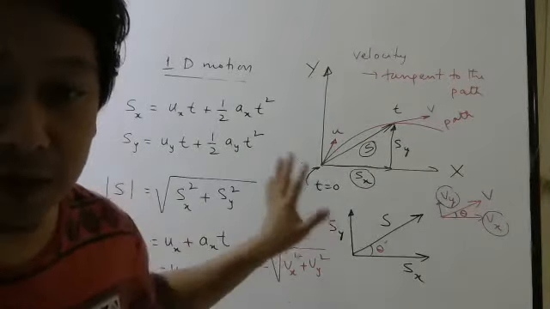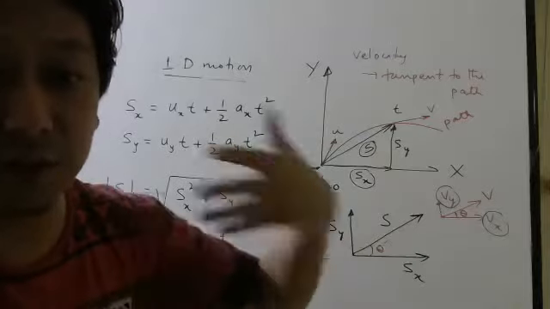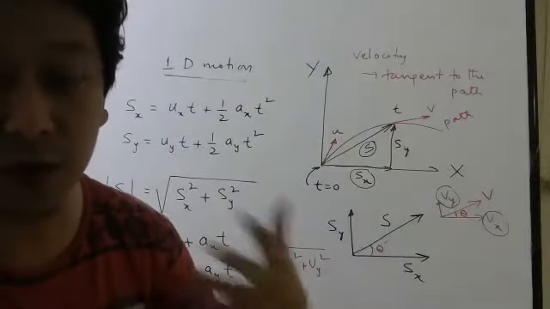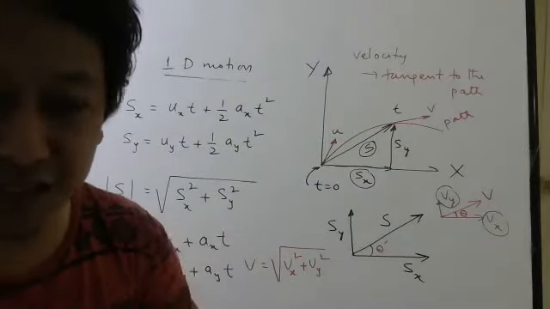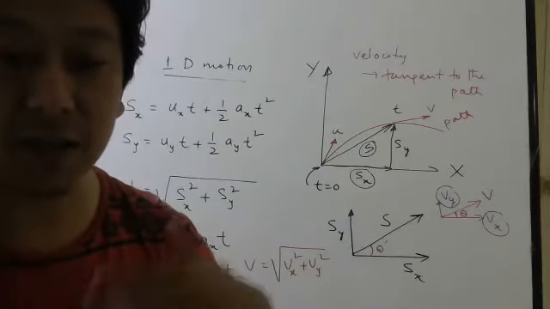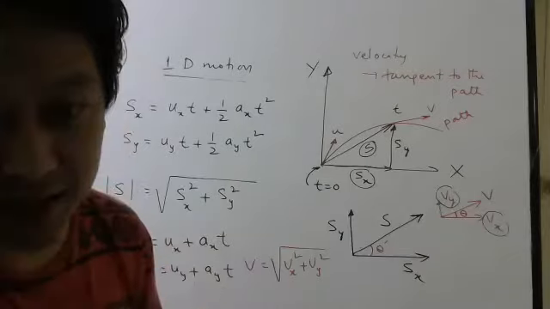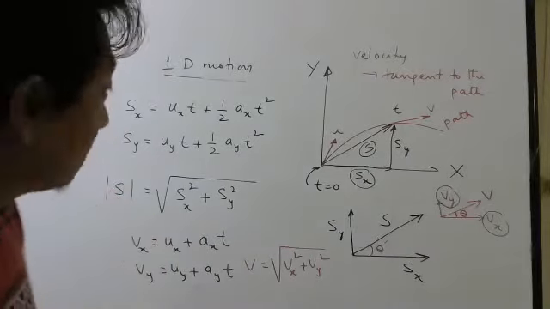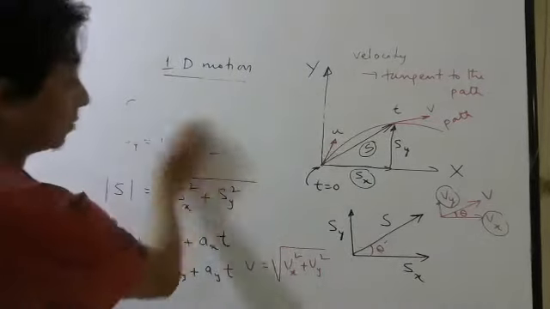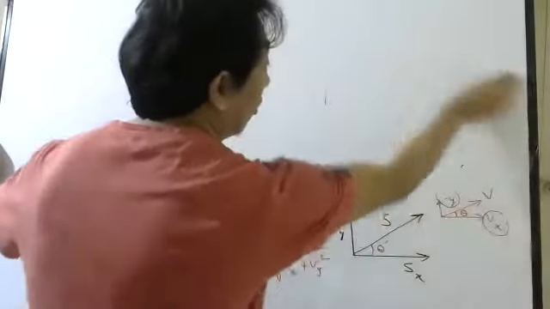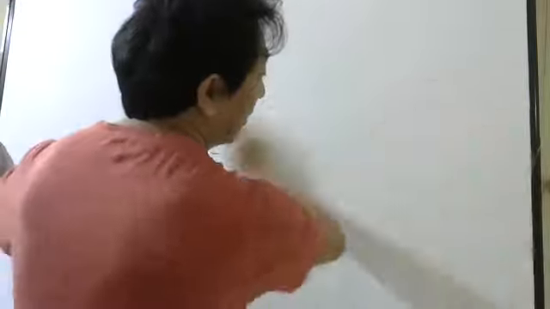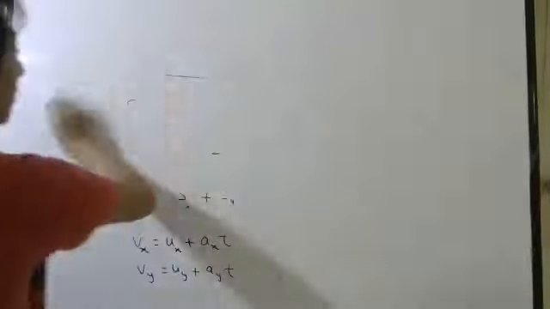So I hope everybody is clear with the technique of motion in 2D. What we are going to do in motion in 2D is basically just convert the equations of 1D into one along the x-axis, one along the y-axis. But all of you remember, all these equations can only be used if acceleration is constant.